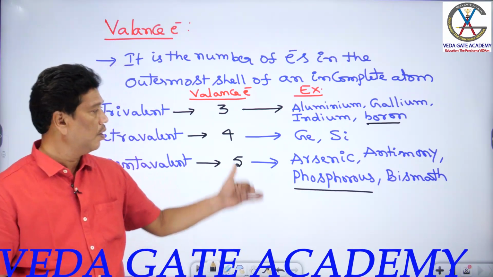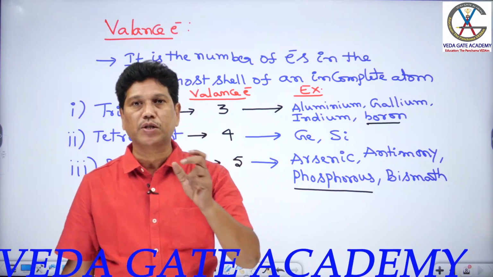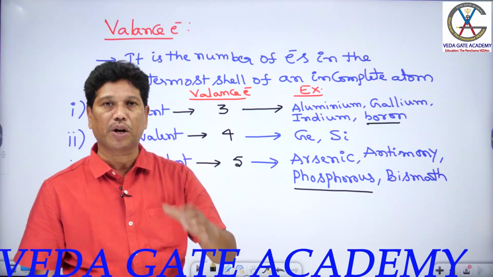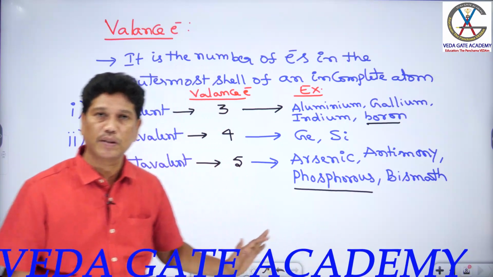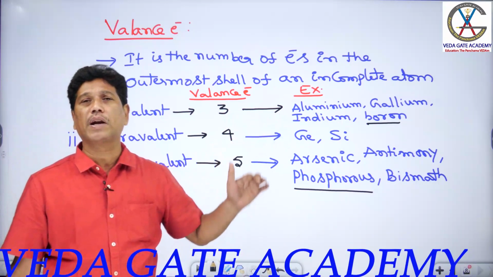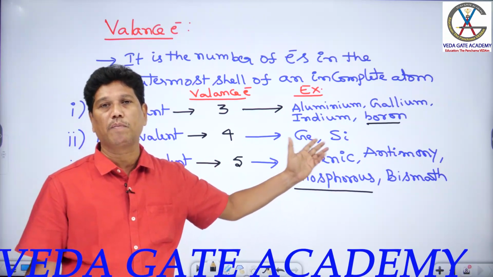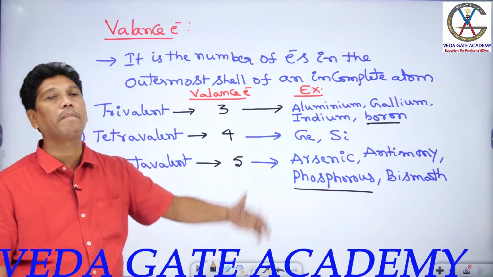Understood all these things? The popular trivalent impurity in P-type fabrication is boron. The popular pentavalent impurity for N-type fabrication in IC technology is phosphorus. Understood now, students? This is commonly asked in IC fabrication topics as a 1 mark bit in competitive exams.